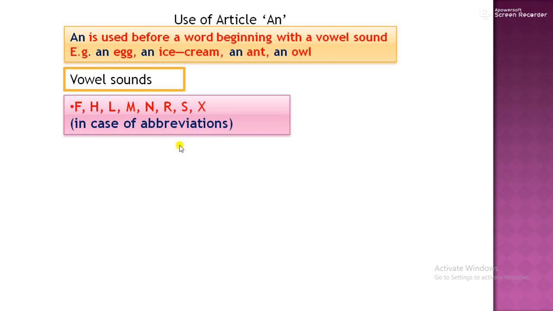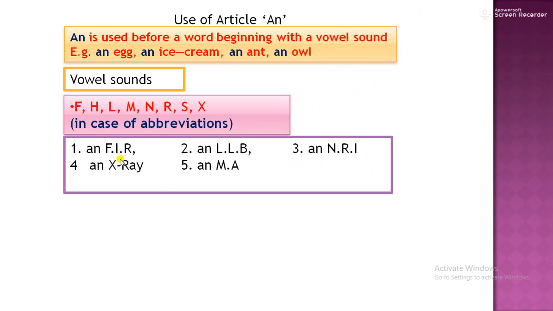I will show you abbreviations. These are called abbreviations. For example, F, I, R, short form. Full form is First Information Report. So now see: F, H, L, M, N, R, S, X. Pronunciation, we need to be careful. Exact sounds we need to know of these letters. You will have to learn these things. You can make a trick as well to learn all these alphabets.